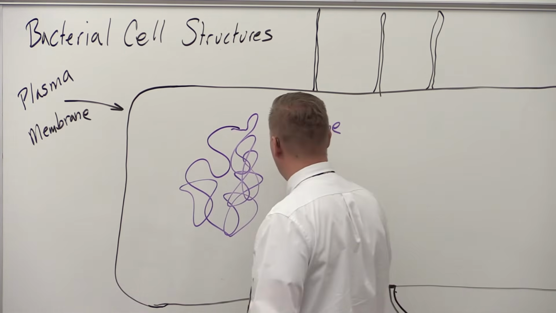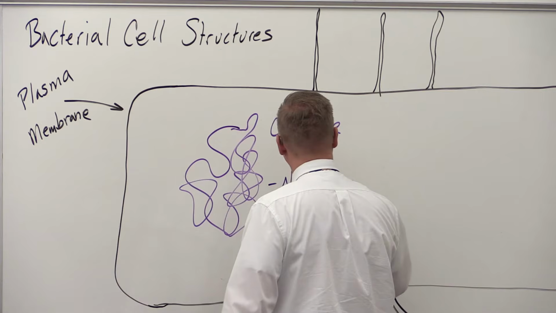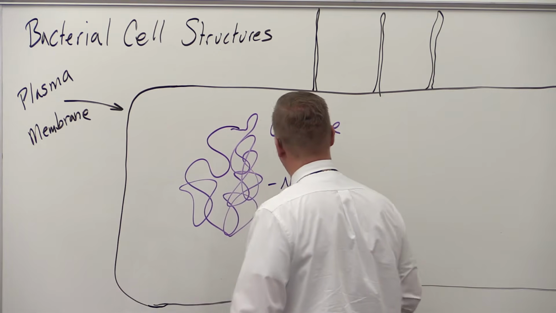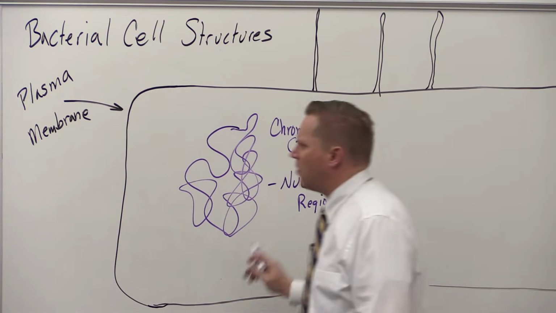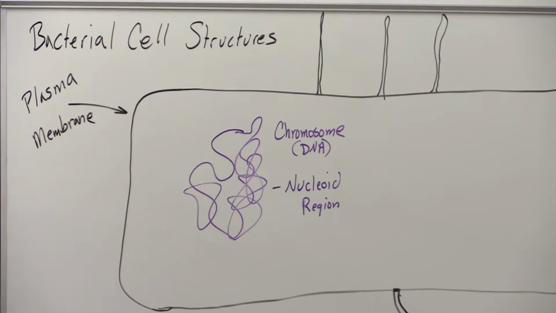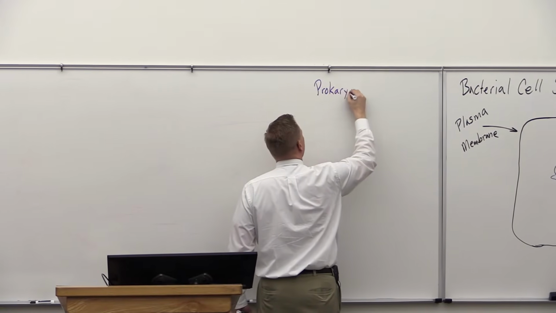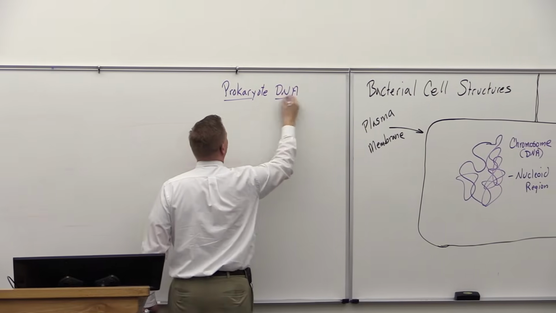And so this is often referred to as the nucleoid region. Okay, so prokaryotes do have a nucleoid. They don't have a nucleus, they have a nucleoid. While we're at it, let's talk about a few things about prokaryote DNA, just as we did before.